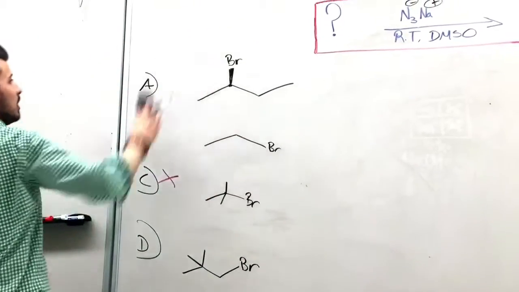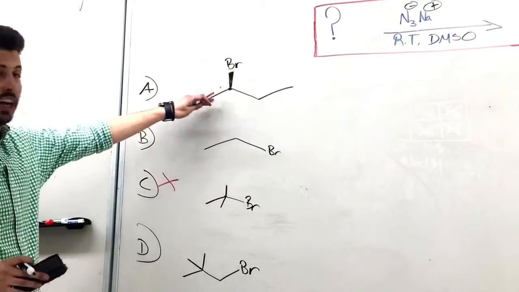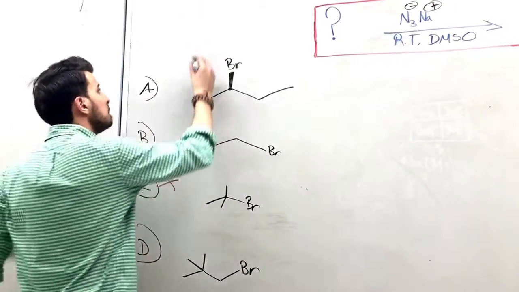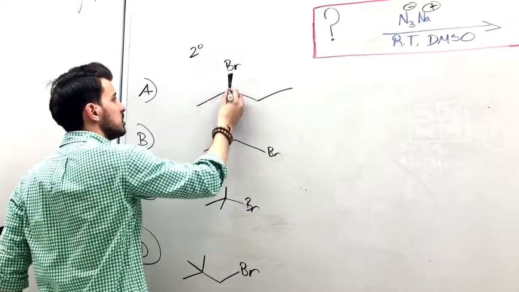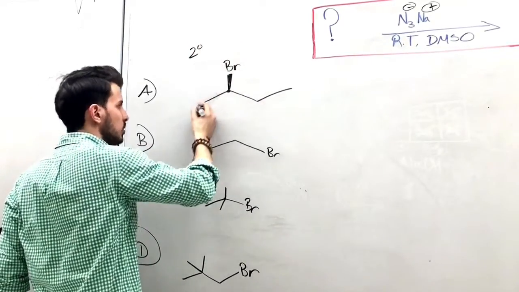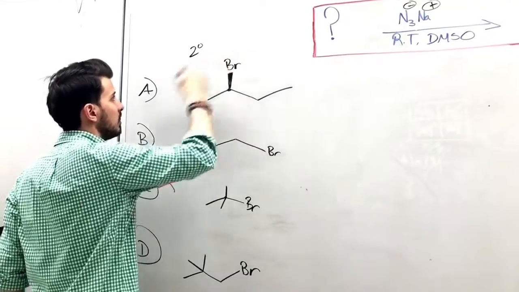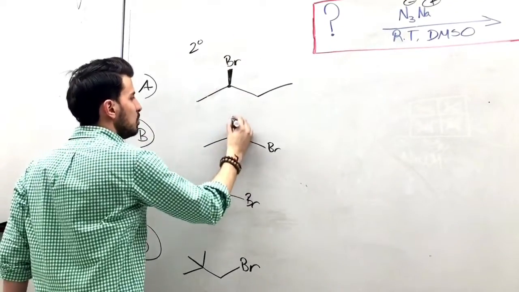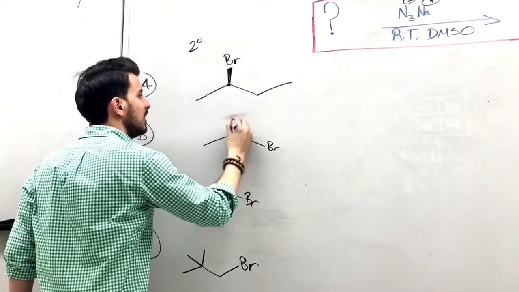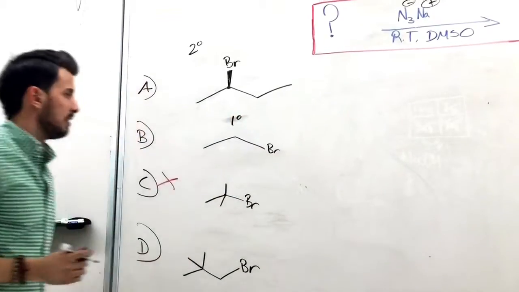So if we look back up here, this is a secondary alkyl halide, because this carbon with the leaving group has two carbon groups. This is a primary alkyl halide.